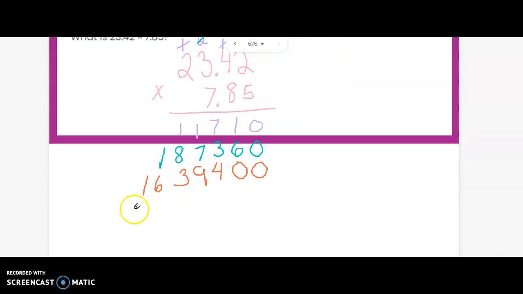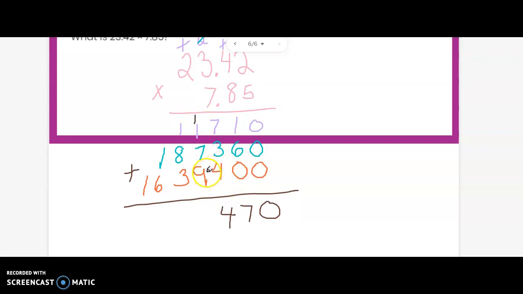Okay, let's now add together all of those partial products we got. So 0, 0, 0, I got 0. 1 and 6 and 0 is 7. 7 and 3 is 10, and 4 more is 14. Carry my 1.